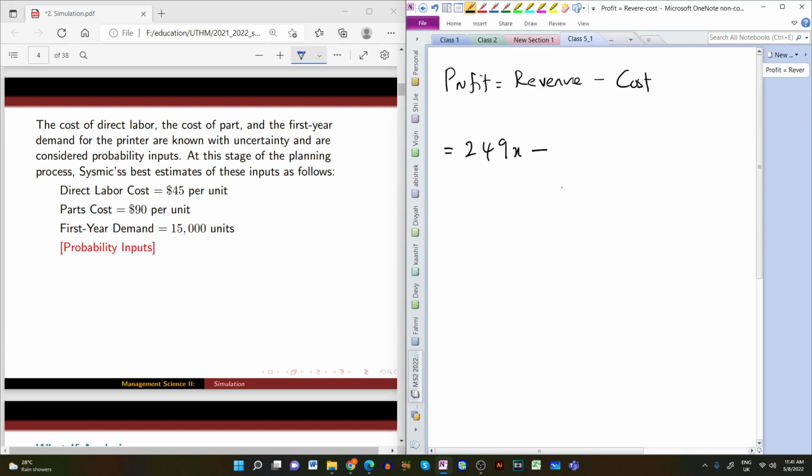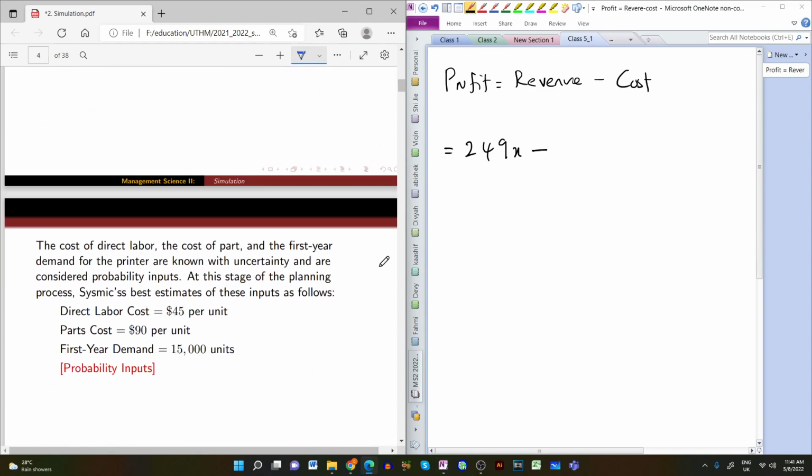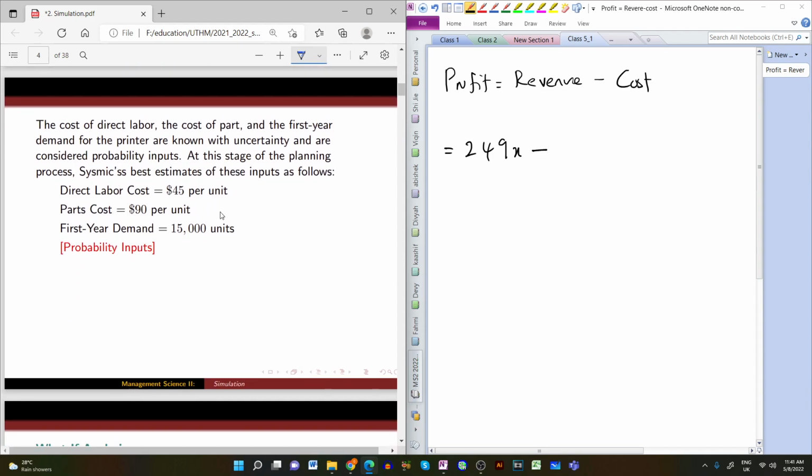What are the costs incurred here? There are two kinds of costs.